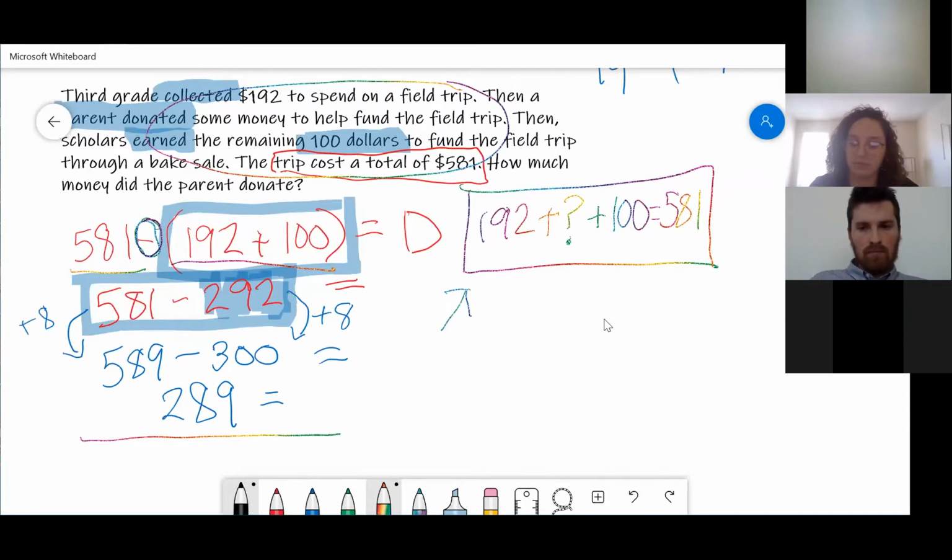Well, this is the right equation for it.